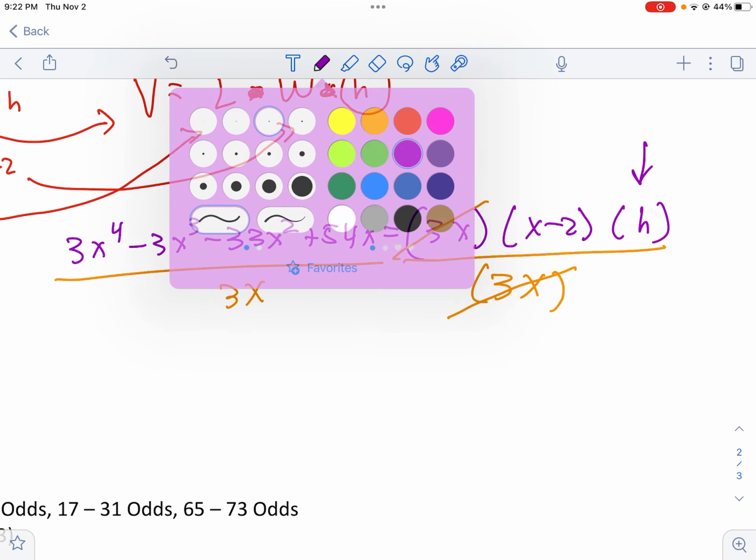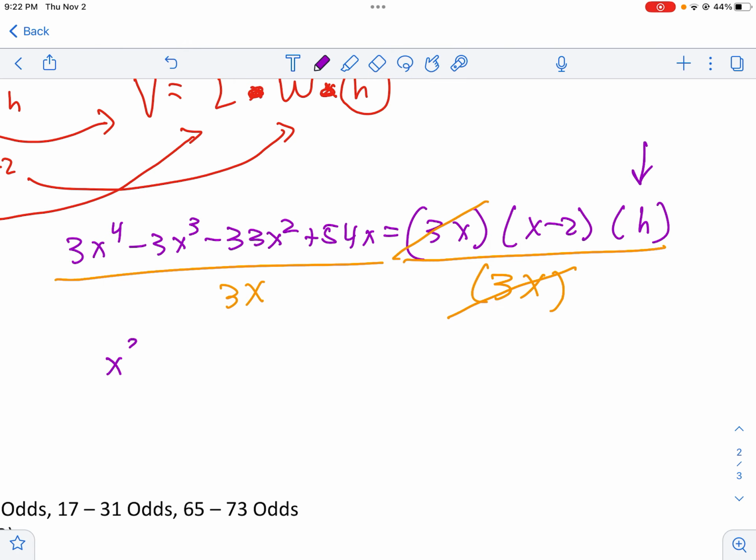So I get x to the third power, x to the third power, minus x squared minus 11x plus 18, I think. Yes, 18, is equal to x minus 2 times h.